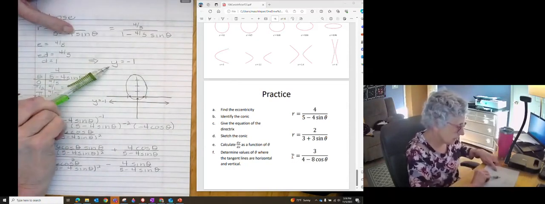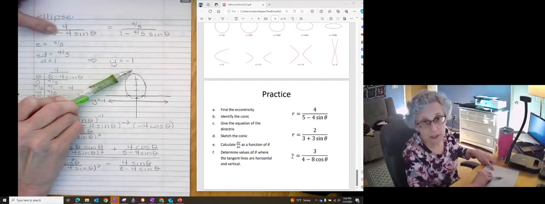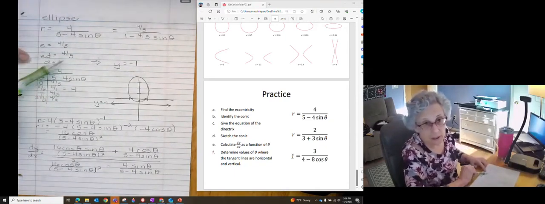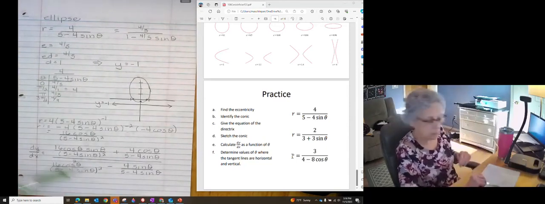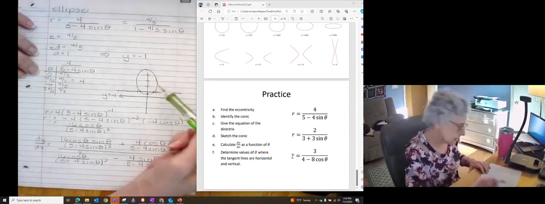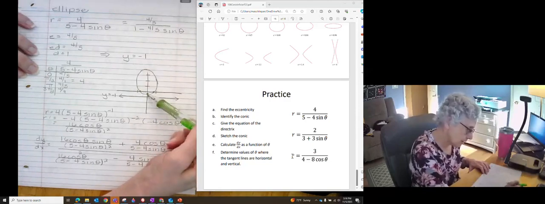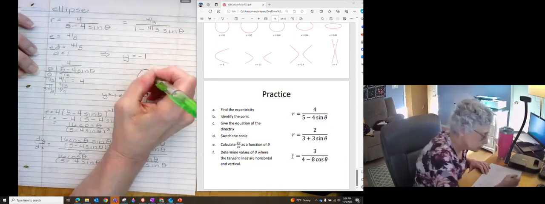It has sine, so your directrix is y equals -1, because E times D has to be equal to 4/5, and since E is 4/5, then D has to be equal to 1. I plugged in my points. I got 4/5, 4, 4/5, and 4/9. Here's the line y equals -1.